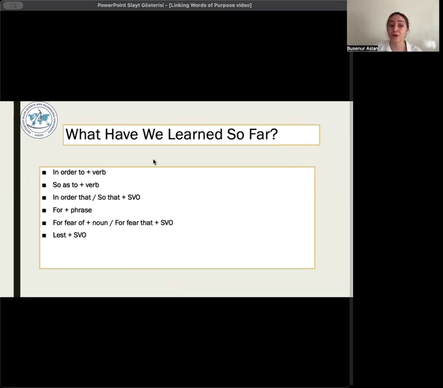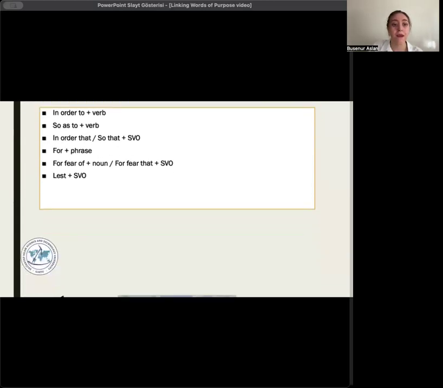This is the structure of them, and they give the meaning that they have a purpose to act, and they are structures in different ways: verb, subject verb formation, the full sentence, and phrases and prepositions. For fear of, if you see for fear of, you will bring the noun and ing formation.